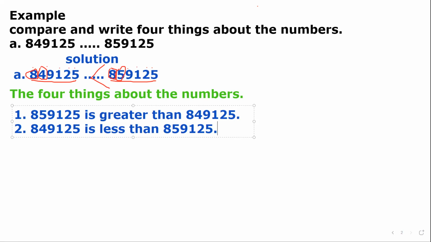Okay, good. The third one. The third one, you must use the difference between the first numbers and the second numbers to write your statement.